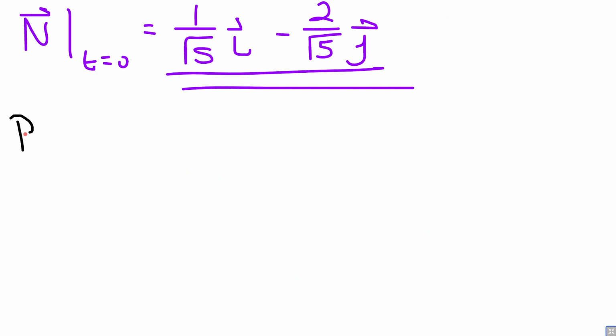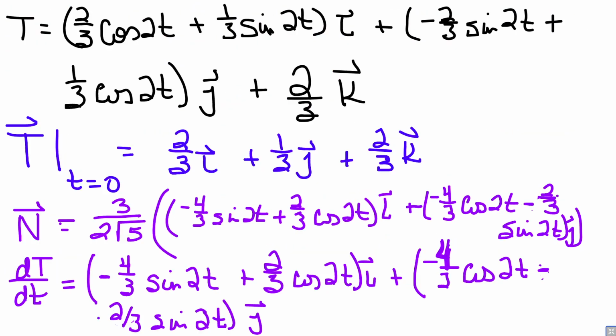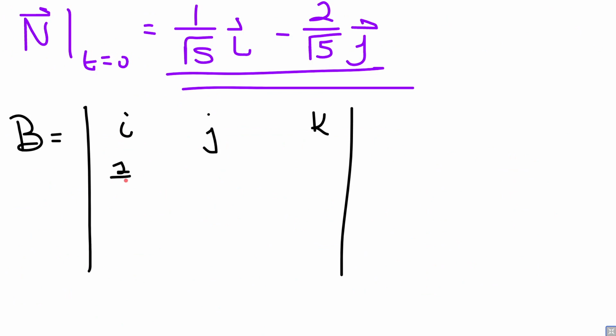So for the binormal, we're going to have our i, j, k component. Now for the unit tangent, when we evaluated it, it was 2/3, 1/3, 2/3. For the unit normal, which is right here on this page, it's 1 over the square root of 5, negative 2 over the square root of 5, and 0.